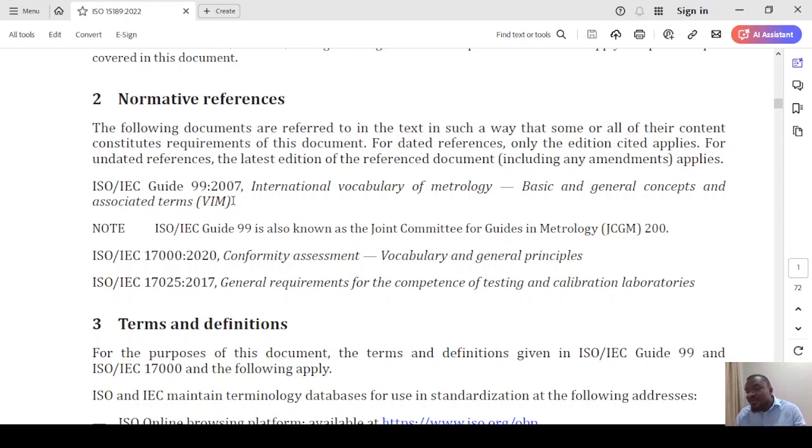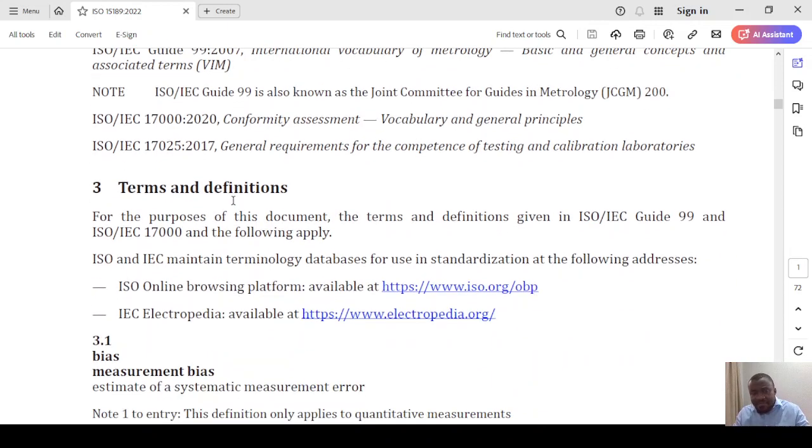One of the main tools for risk-based practices in the lab is measurement uncertainty. That is why it is used here as a normative reference. As we move on, we shall look at uncertainty measurement, and we shall see how the GUM, or the guide in metrology, powers the lab's measurement uncertainty practices. Terms and definitions.